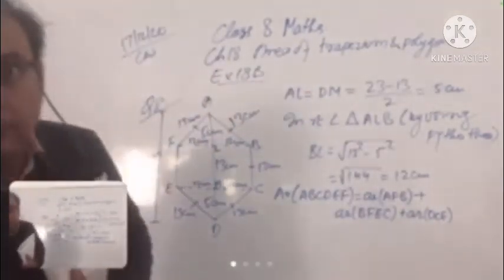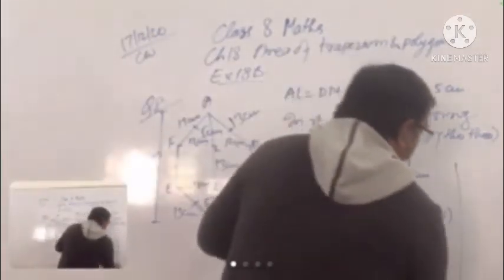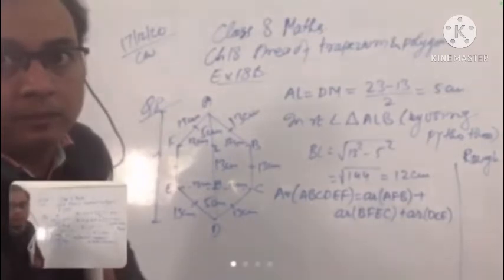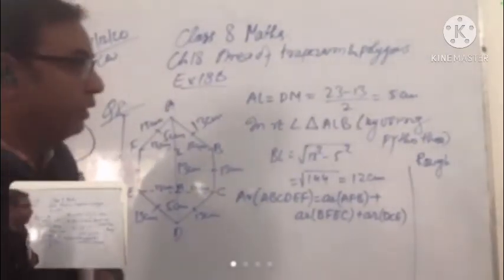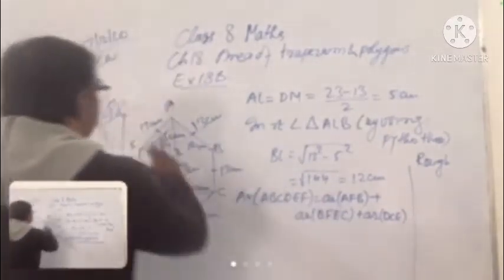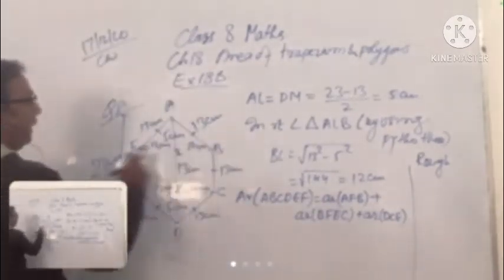DCE. Then we make a rough over here. Rough. Then now come to the area of ABF.